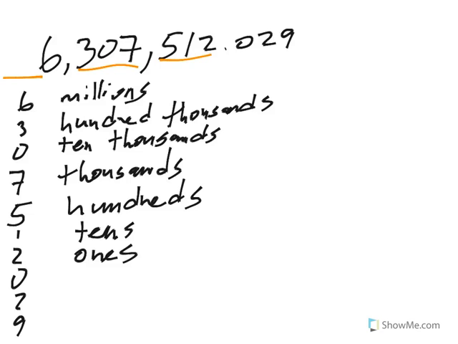And then I'm to the right of the decimal. And it gets kind of interesting to the right of the decimal. So if I go back up from the smallest place values to the higher place values, I've got the ones, tens, hundreds, thousands, 10,000s, 100,000s, millions, etc. Well, if I'm going to the right of the decimal place, it actually goes down in the same order that I just went up.